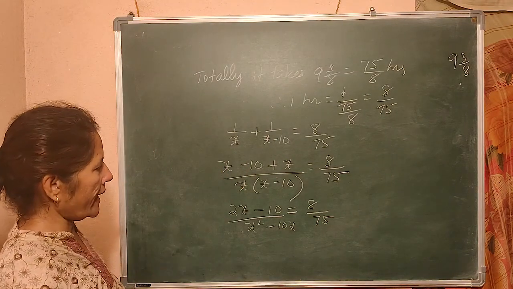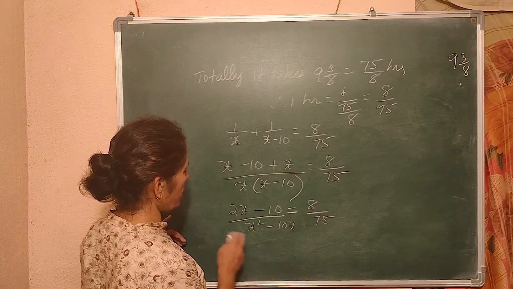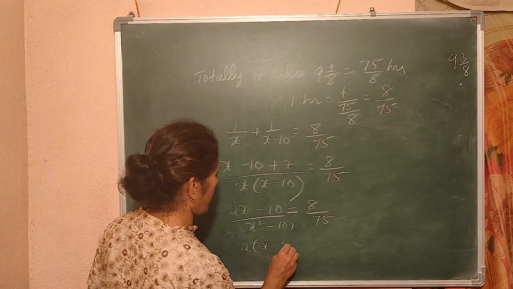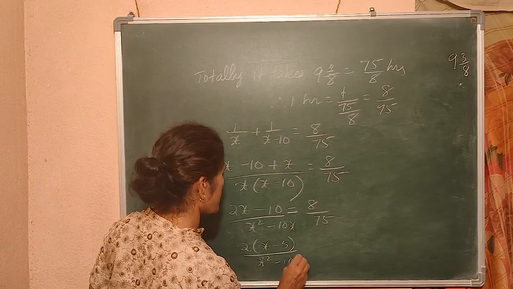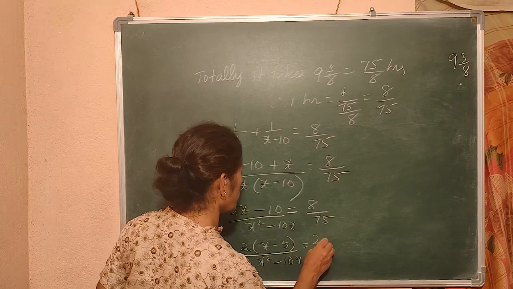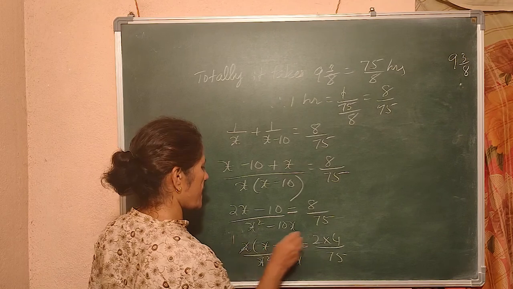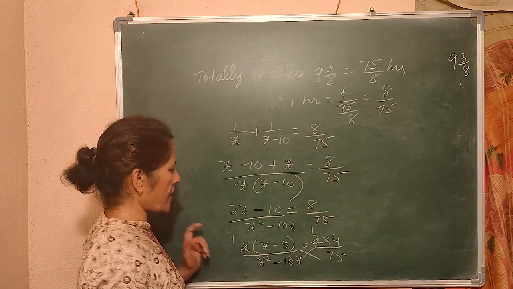Correct? I can simplify this further: 2 into x minus 5 divided by x squared minus 10x is equal to 2 into 4 divided by 75. The 2s cancel, so you get the cross multiplication like this.